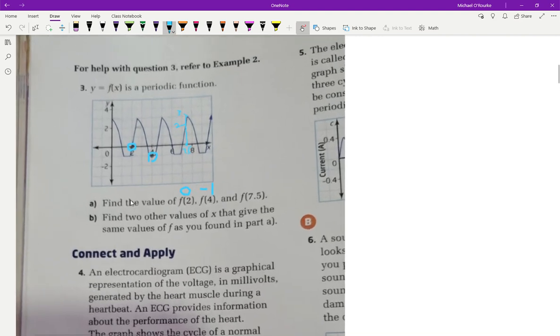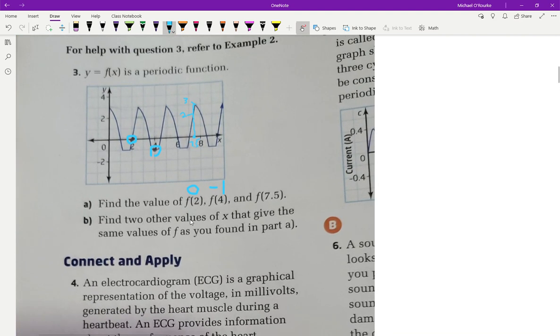Find 2 other values of x that give the same values. Oh, here's one. It asks you to find 2 values of x that give the same values you find in part A. f of what is equal to f of 2? Can someone give me another value I could put in here? Okay, 4.5 would be one. Do we have another one?